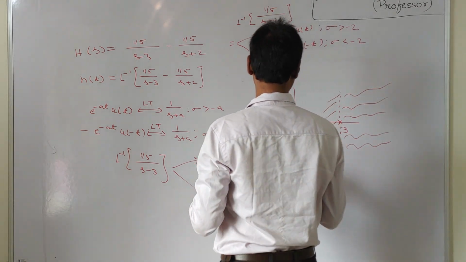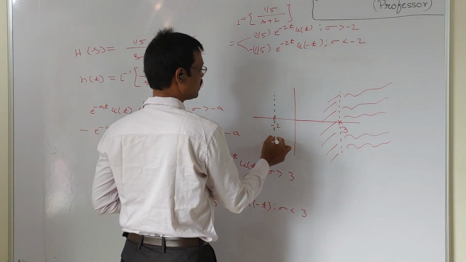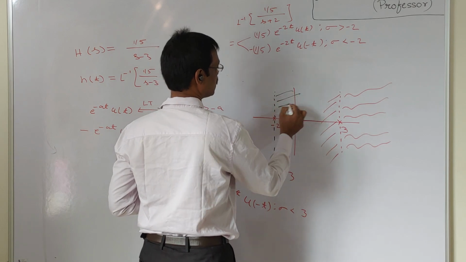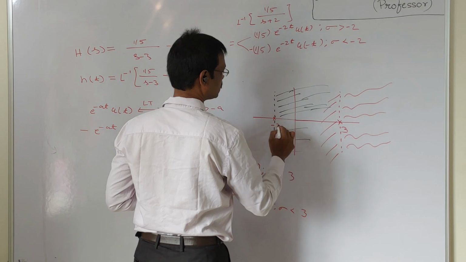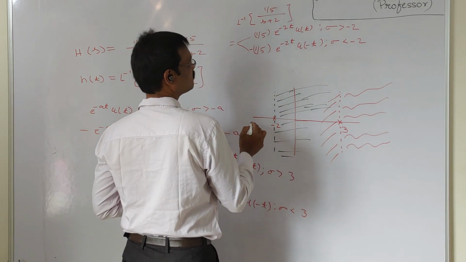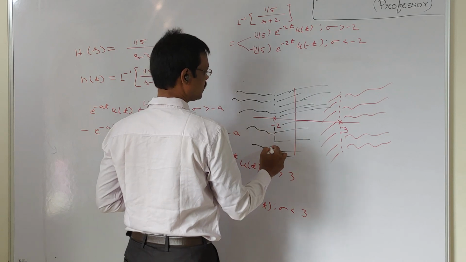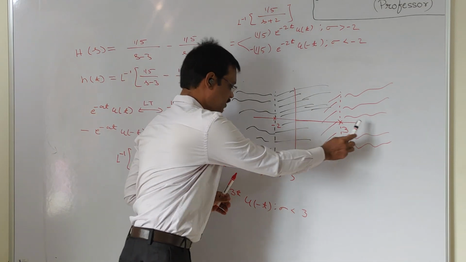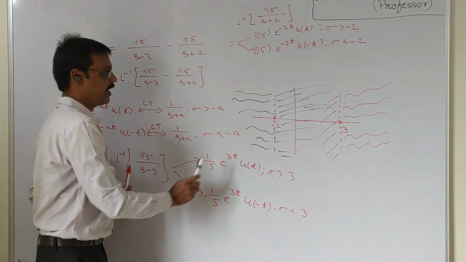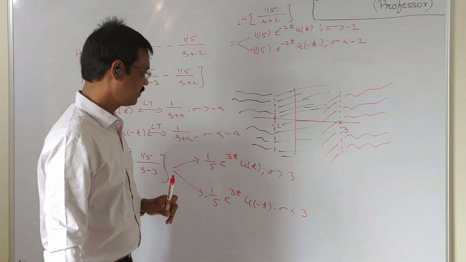If sigma is greater than minus 2, this is the ROC. If sigma is less than minus 2, this is the ROC. Here 4 ROCs are there: 2 ROCs are related to the first pole and 2 to the second.